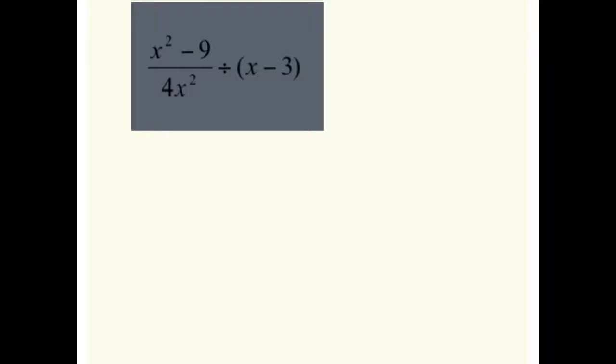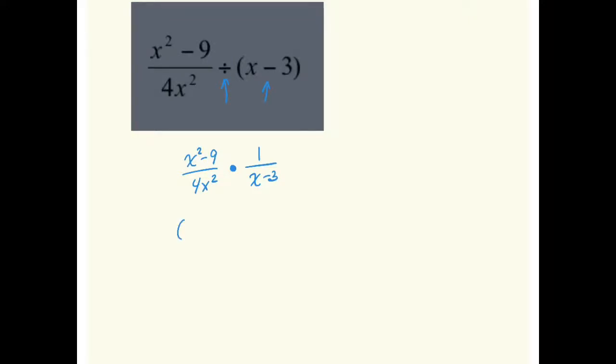Once again, another problem. We have x squared minus 9 over 4x. Change this to multiplication, and now we're going to do the reciprocal of x minus 3, which is 1 over x minus 3. I'm going to go ahead and factor.